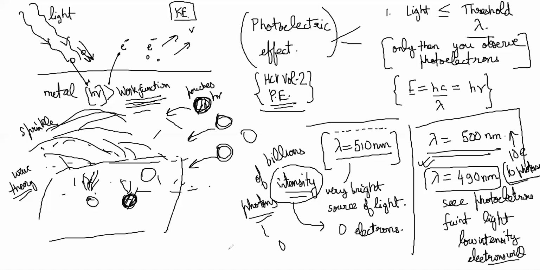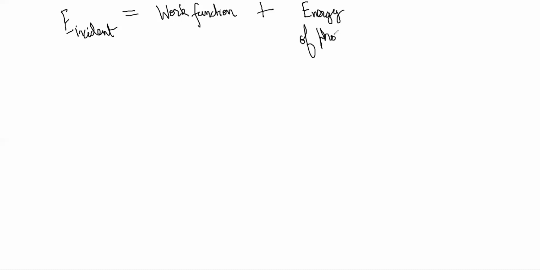So what we have is an equation: energy incident will be equal to the work function of the metal plus the energy of the photoelectron that comes out. Don't confuse the photoelectron with the photon.